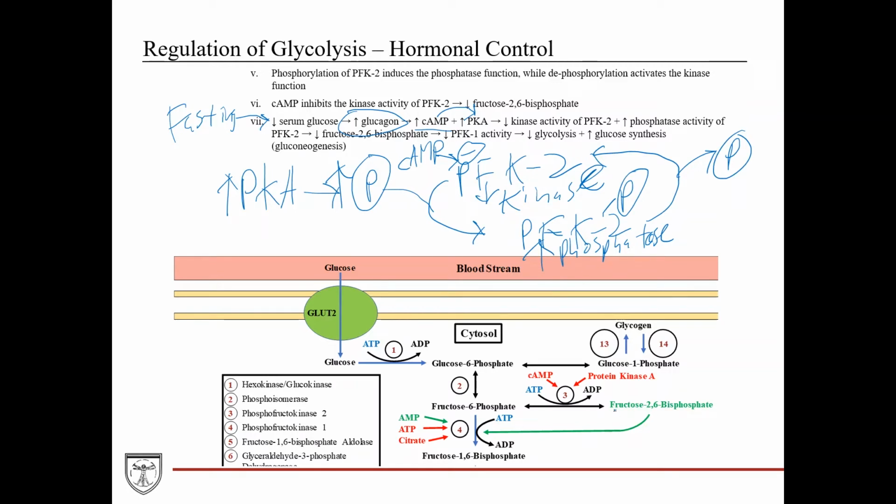So what that's going to do is shift this reaction this way, because you have the phosphatase activity, because again, you have increased levels of both of these. Decrease the level of fructose 2,6-bisphosphate, which will then decrease the level of PFK1 activity, which will then decrease glycolysis.